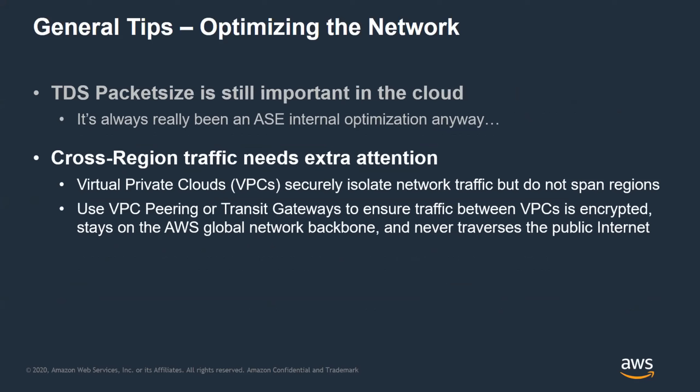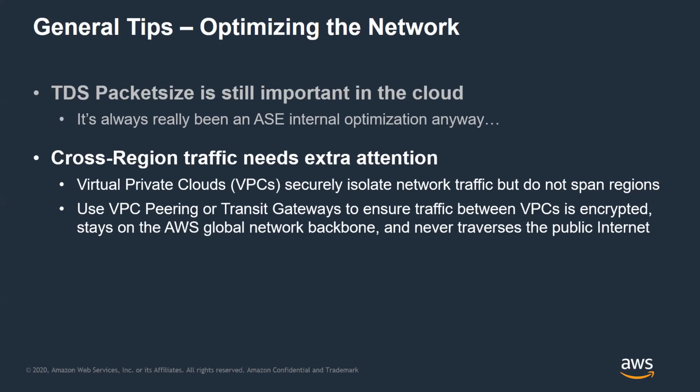Cross-region traffic needs attention, right? We have this concept of a VPC, a virtual private cloud, which is basically the network configuration. And those exist within a region, but they don't span regions. So if you're doing things that span regions, that have to go from US West to US East, there are some techniques you need to use to make sure that the data doesn't leave the AWS backbone, like over the public internet, and that it's encrypted, using SSL or some sort of VPN type technology, right?